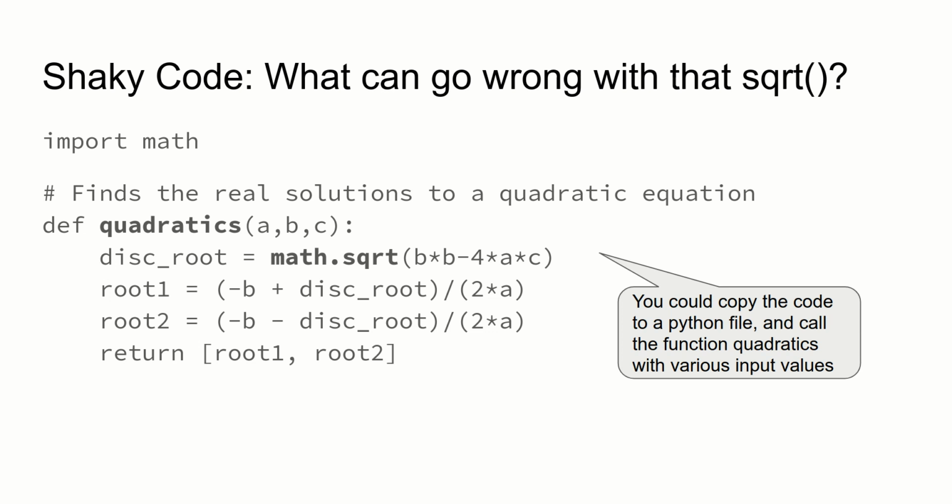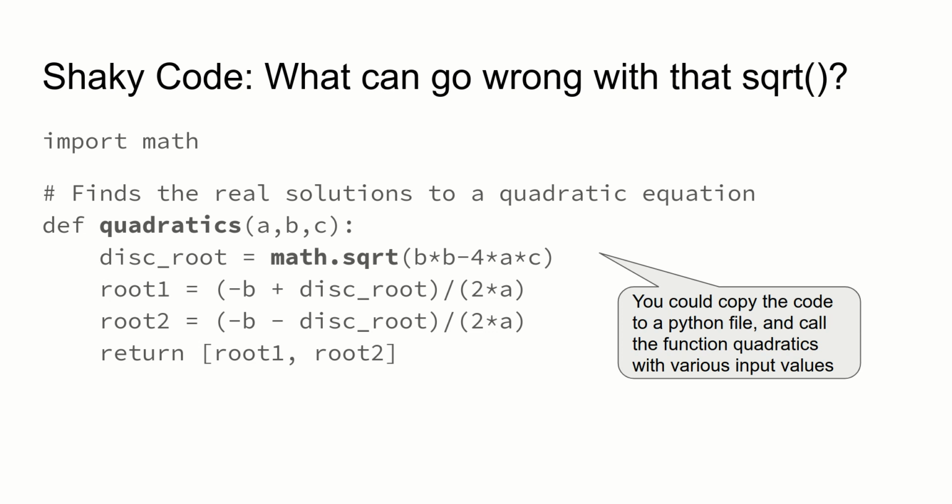At least 2 things mathematically that we know can happen when we are plugging things into the quadratic formula is issues with the square root and issues with the division.